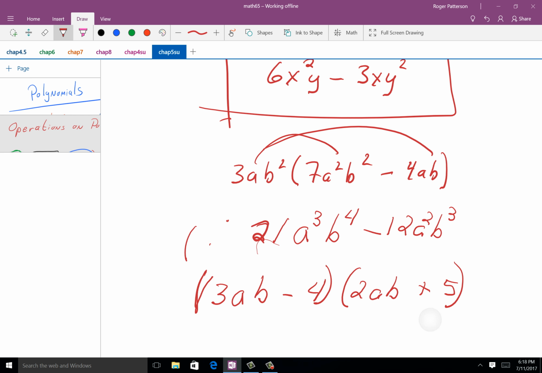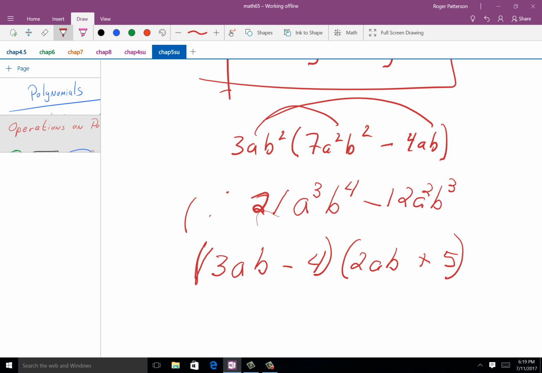Okay, so now we're going to do this one. Alright, so now we're just going to FOIL this here to here, from here to here, and from here to there.